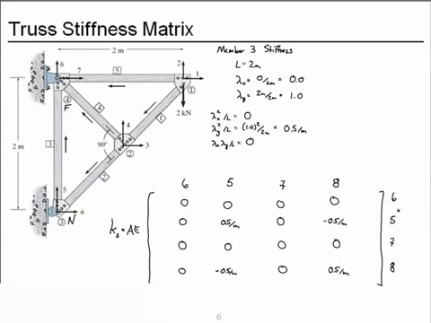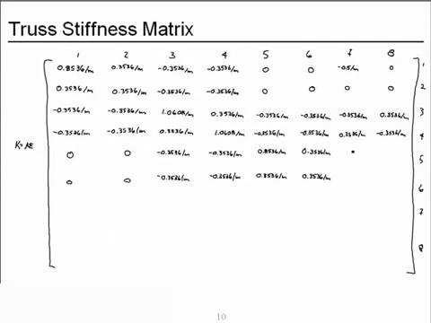Now this chunk, which only comes from member 3, we're looking for force generated in degrees of freedom 5 and 6 due to deformations at degrees of freedom 7 and 8. Note that these two go above these two, and so we have the following coefficients.